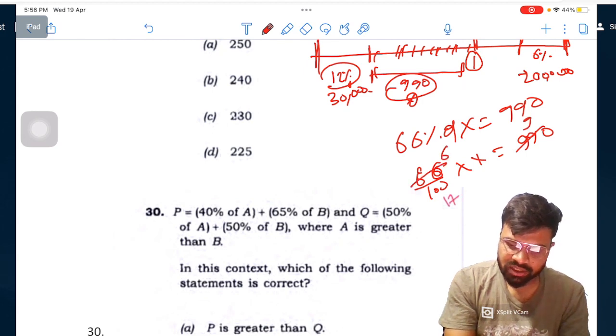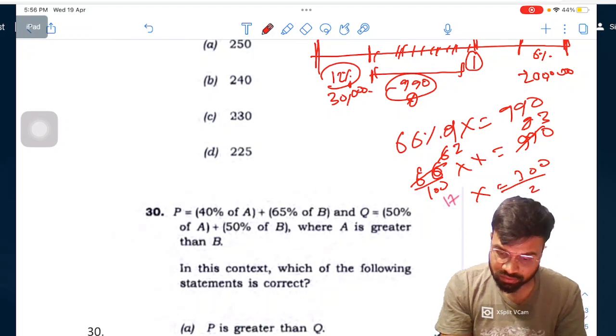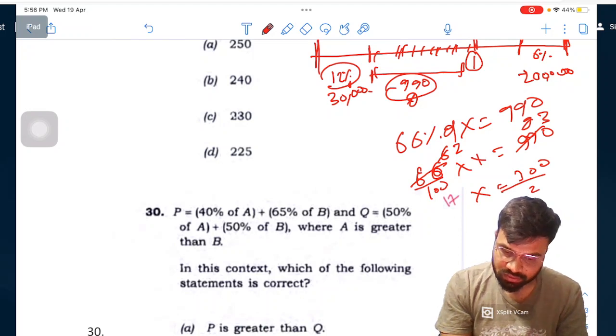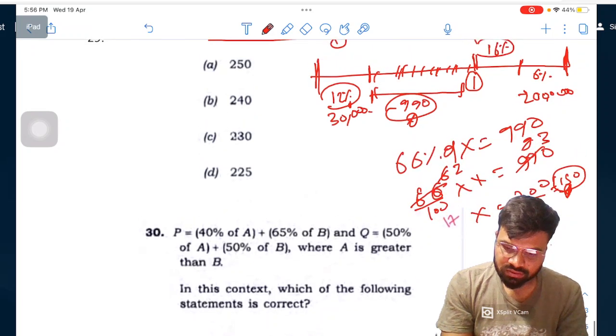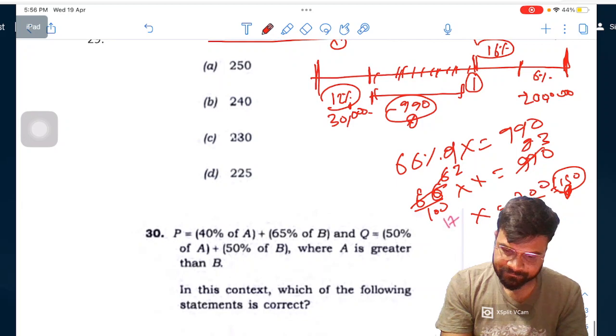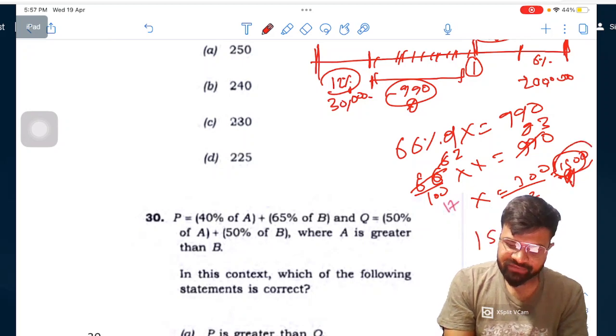So x is 3000 by 2, that means 1500. So the total number is 1500.